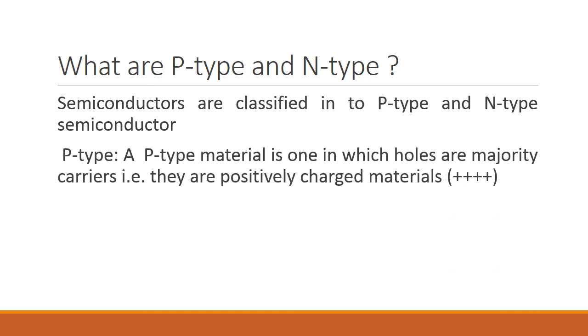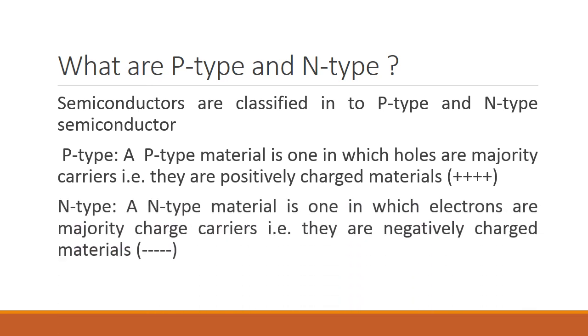A p-type material is one in which holes are majority carriers, that is, they are positively charged material. And an n-type material is one in which electrons are majority charge carriers, that is, they are negatively charged materials.